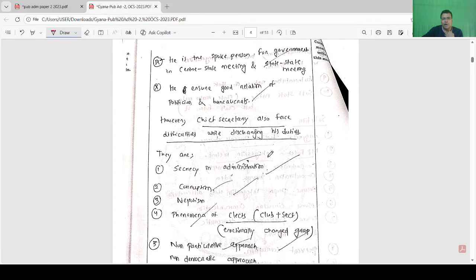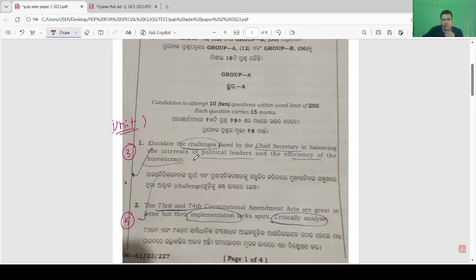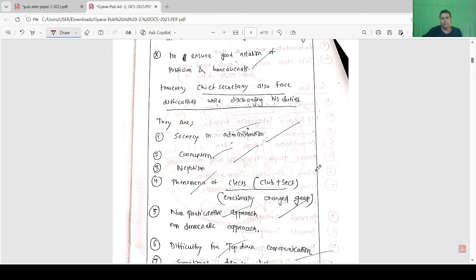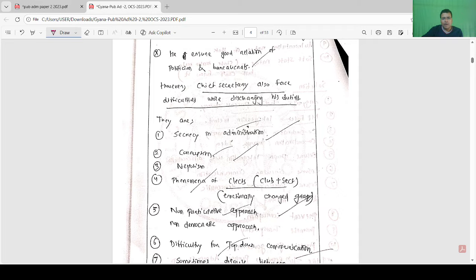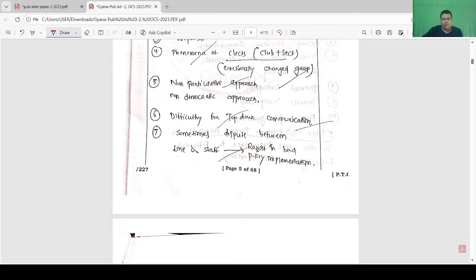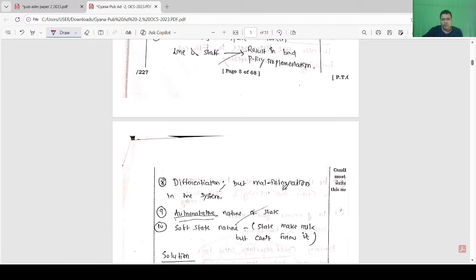The Chief Secretary finds it difficult while discharging his duty because he needs to balance between the political leader's interest and the efficiency of the bureaucracy. Secrecy, corruption, nepotism, phenomenon of cliques, non-participative approach, difficult top-down communication, disputes between line staff, maladministration, soft state.